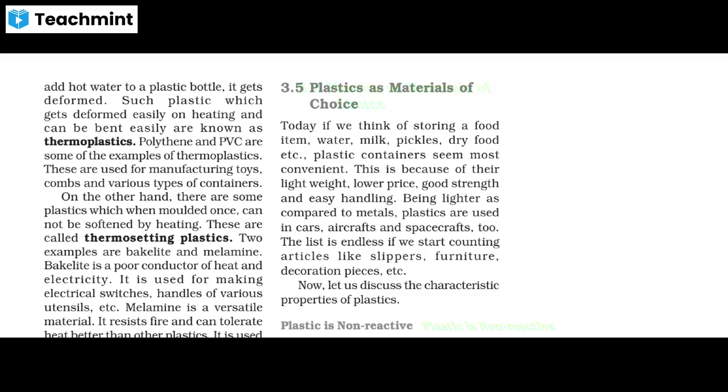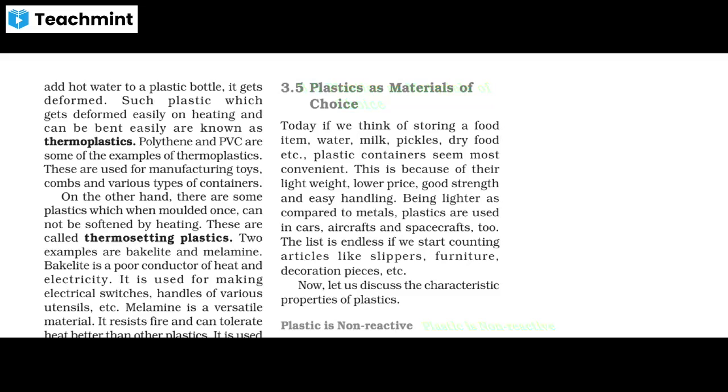Today we think of storing food items, water, milk, pickles, and dry fruits, etc. Even plastic containers seem most convenient.